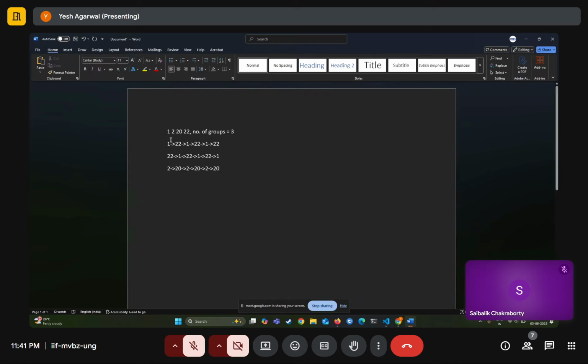Why not some arbitrary combination, like going from 1 to 20, then 22? Of course, one thing is for sure, this will give the maximum distance for just one group. And if we are doing some kind of arbitrary combination, we can't get any higher than this, because we are traveling the maximum distances in each of the segments.